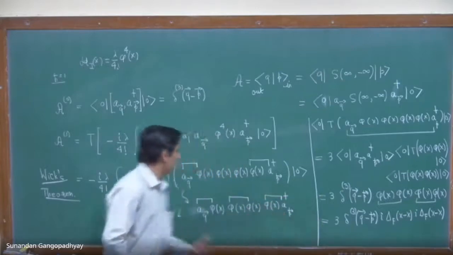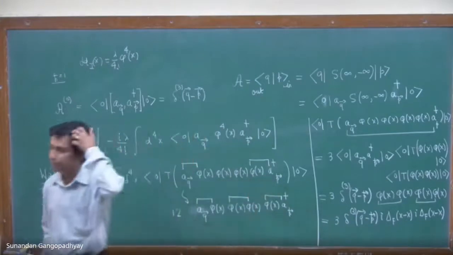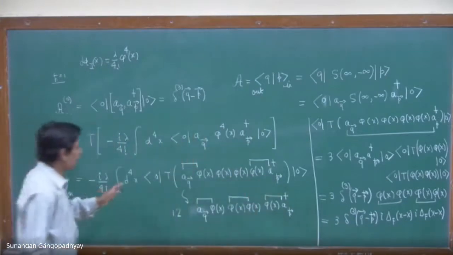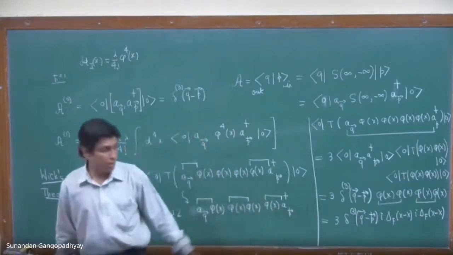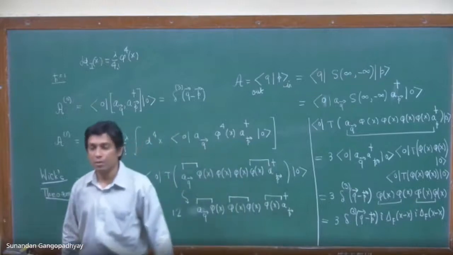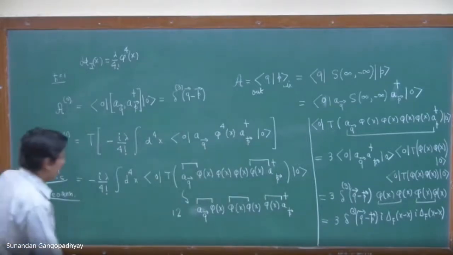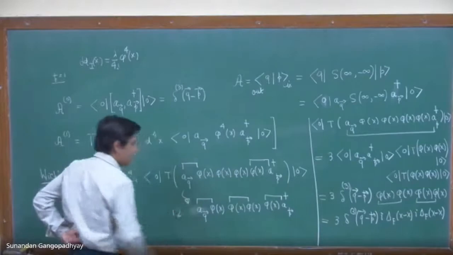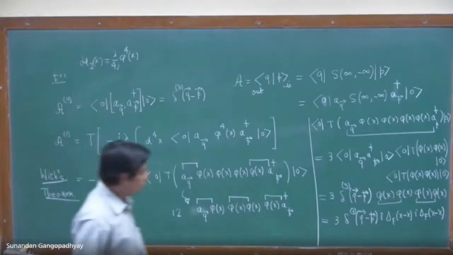This contraction basically means that it is the vacuum expectation value of phi x with A dagger P. And you don't need to take the time ordering here for this term because there is only one time. This A dagger P does not have any time, so you can forget about it. Okay? Is this clear? Yes. Okay. So let us do this calculation.